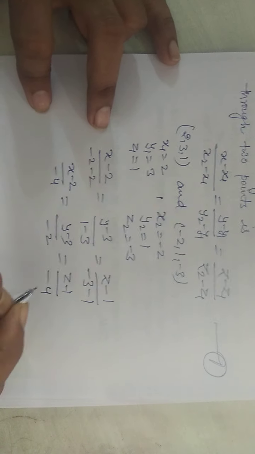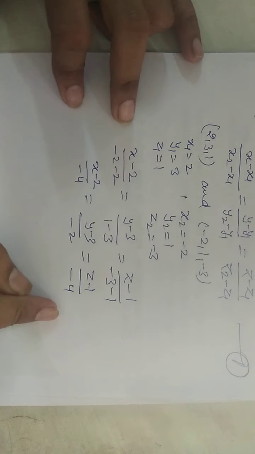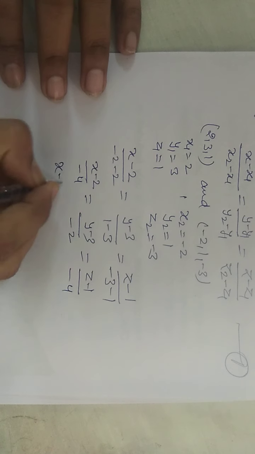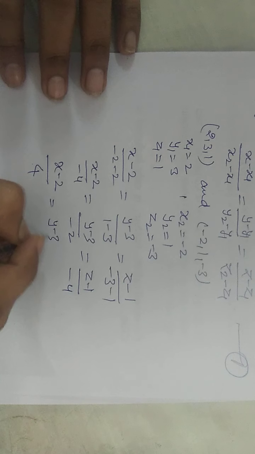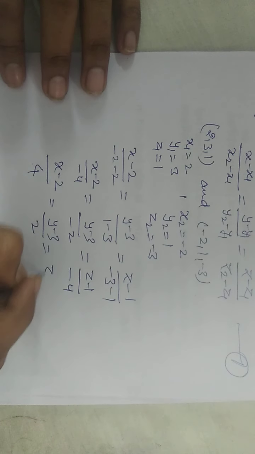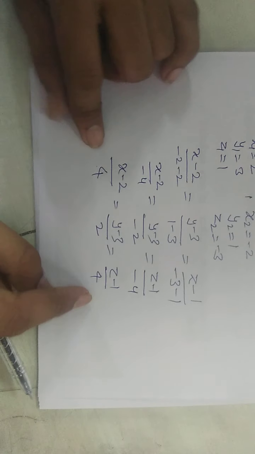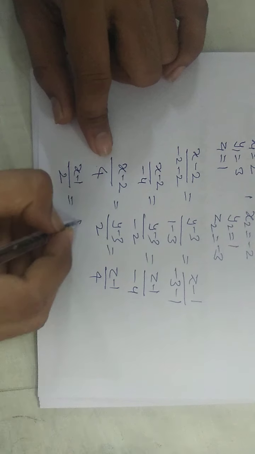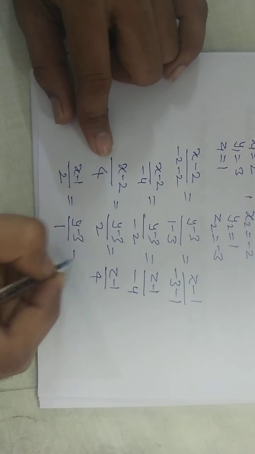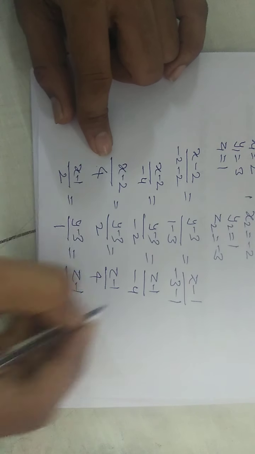Multiplying by -1 on all sides, we get (x minus 2) upon 4, (y minus 3) upon 2 and (z minus 1) upon 4. Dividing by 2 on all sides, we get (x minus 2) upon 2, (y minus 3) upon 1 and (z minus 1) upon 2.